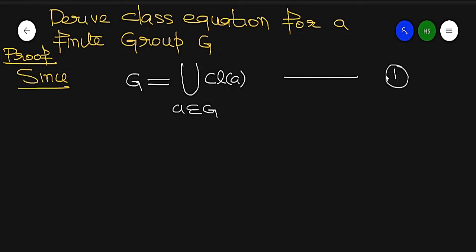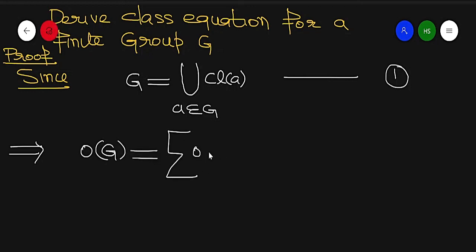Now if I take it in terms of order, the order of group G is equal to the summation of order of class of A, where A belongs to G.